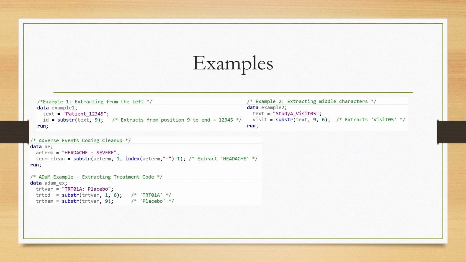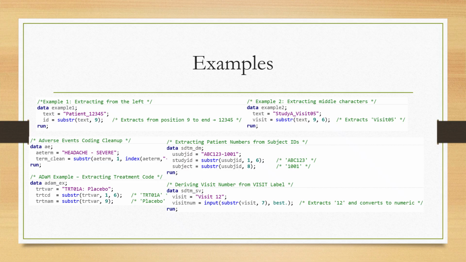It is not the position of the string till which it should read. So when I mention that from the text string it should read starting from position 9, it should read the next 6 characters in that string. So the length is 6 here. In this way, the result of the SUBSTR function in this scenario will be visit05.